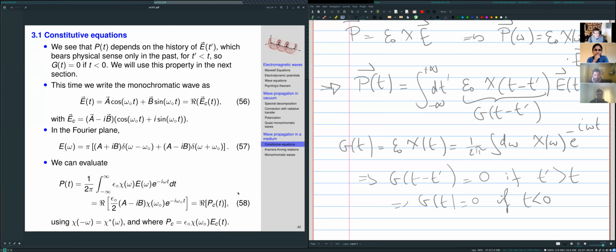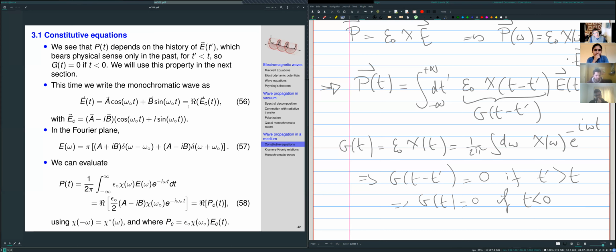So going back to the monochromatic waves, in this case now we'll be writing the electric field in this way. We are doing the real Fourier harmonic decomposition. So we decompose it in terms of a cos and a sine without loss of any generality.